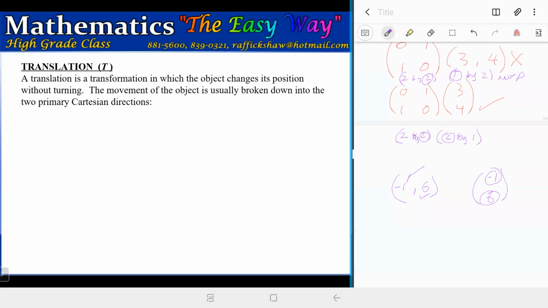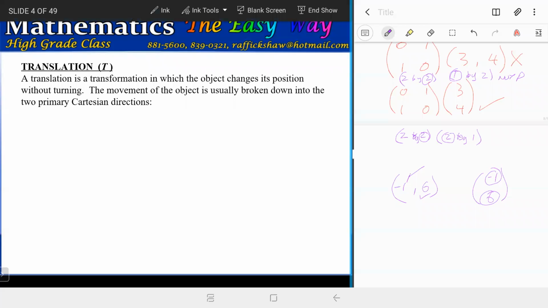So a translation is a transformation in which an object changes its position without turning, and without change in size. Make a note for me here. Those of you who have your handout can write it in there for me: without change in size.